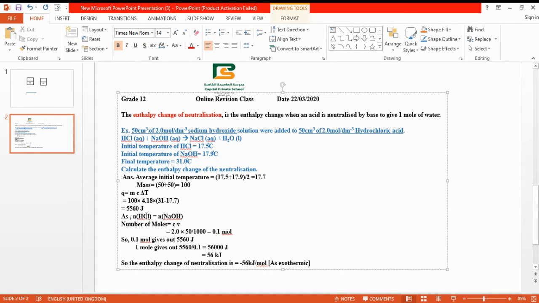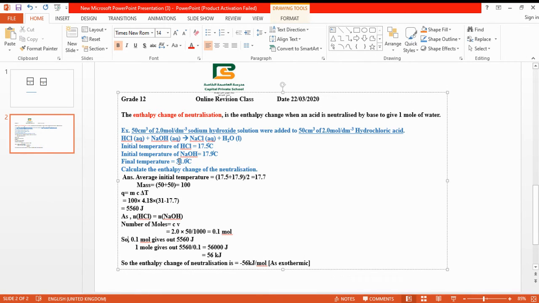So here 0.1 mole of HCl neutralizes 0.1 mole of NaOH and generates this 5560 joules of heat. Now we can find how much heat is generated by 1 mole: 5560 divided by 0.1 is 56000 joules, which means 56 kilojoules. So the enthalpy change of neutralization is minus 56 kilojoules per mole, as it is exothermic.